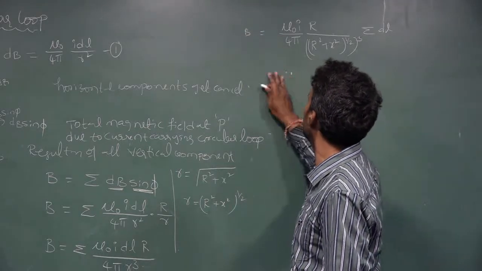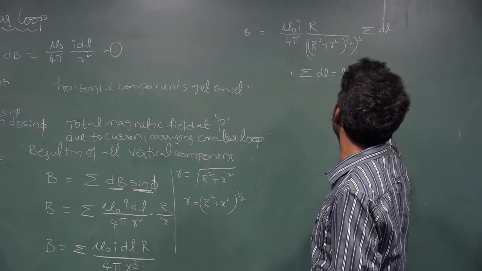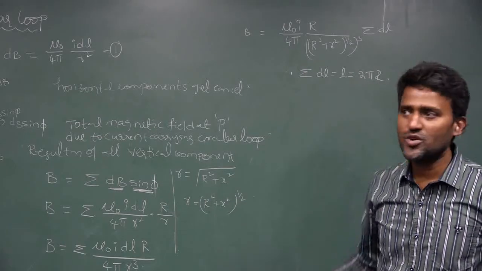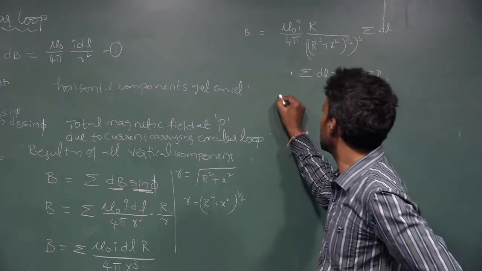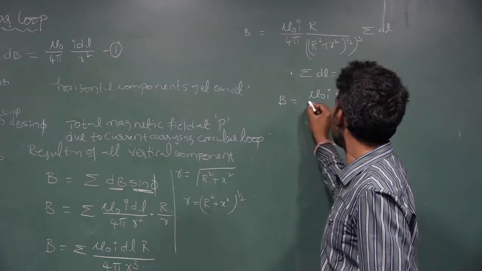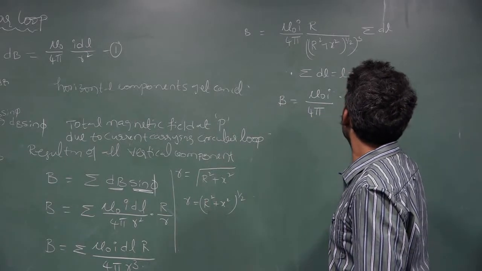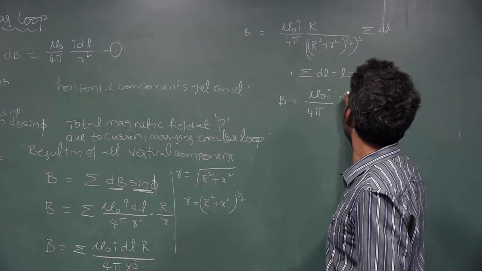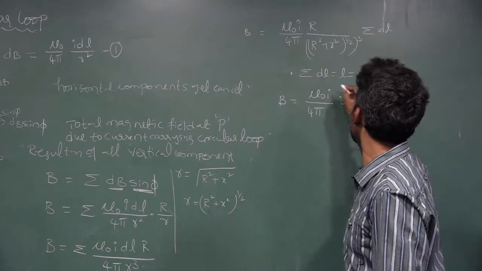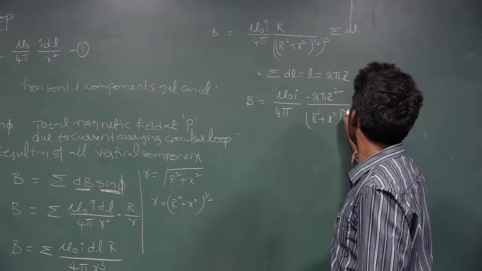So the summation of dl is equal to L, that is equal to 2 pi r. That is the circumference of the circle. Substituting this, B is equal to mu naught I r divided by 4 pi into the summation of dl, which is 2 pi r, into 1 r is there, so r square will come, divided by r square plus x square to the power of 3 by 2.